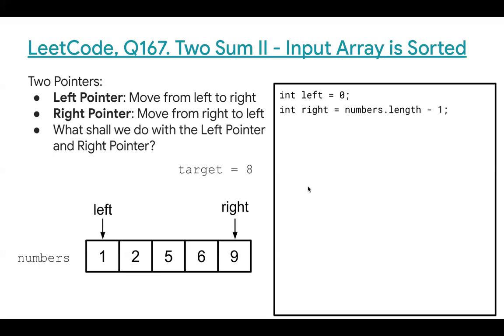So one simple solution will be to use 2 pointers, right? One pointer loops over all the elements from left to right, and then in each iteration, the other pointer just loops over the rest of the elements. So this is a brute force solution, right?